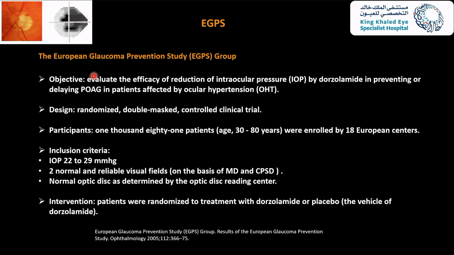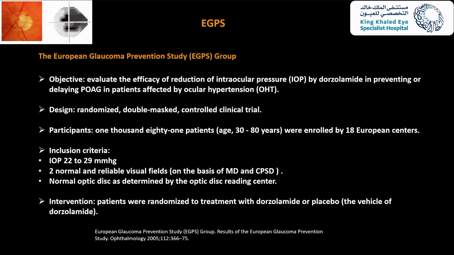The other major study is the European Glaucoma Prevention Study. The objective of this study is to evaluate the efficacy of reduction of intraocular pressure by dorzolamide in preventing or delaying primary open-angle glaucoma in patients affected by ocular hypertension.